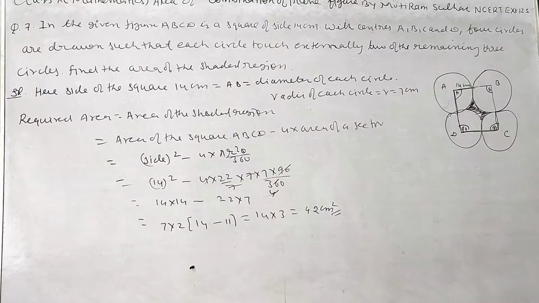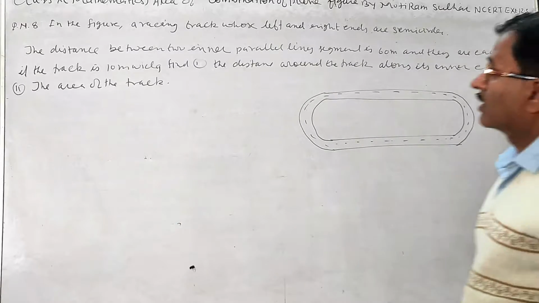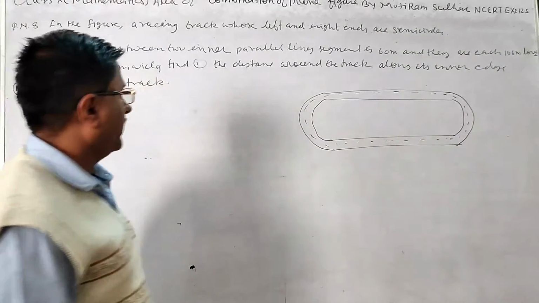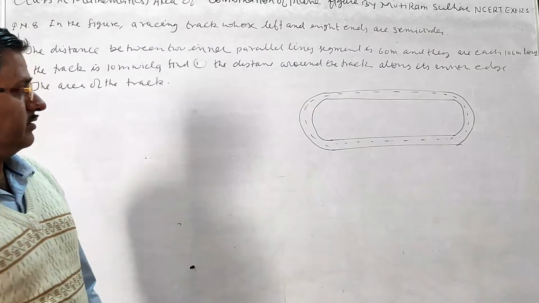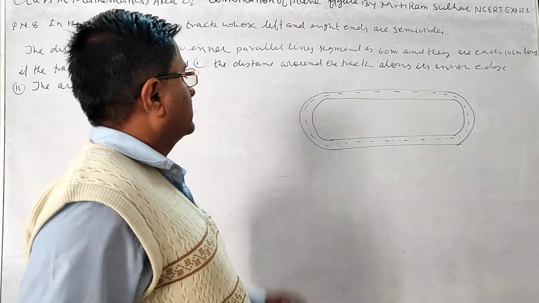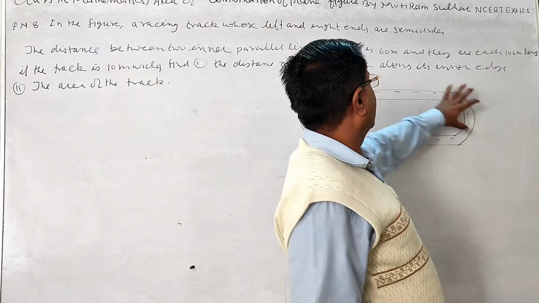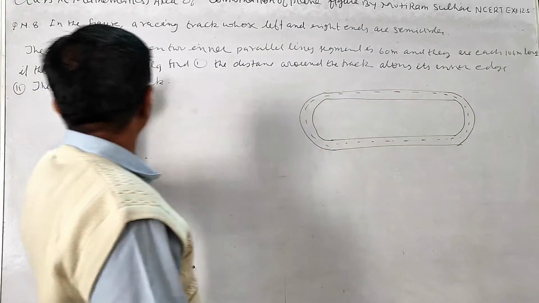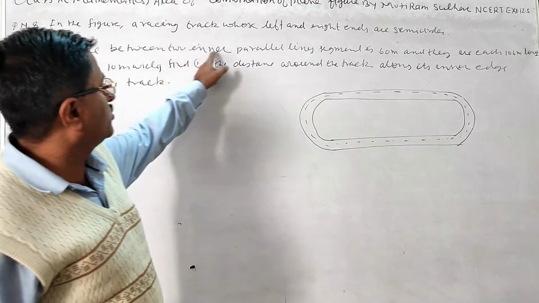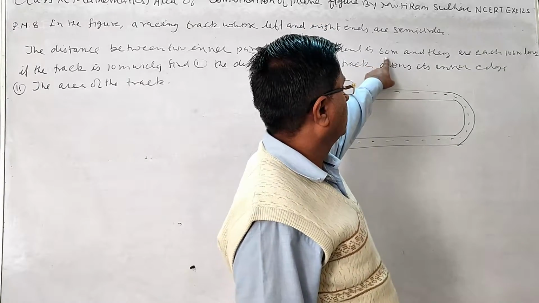Next we see question number 8. We are given a racing track as you see in the figure, whose left and right ends are semicircles. These two ends, left and right, are semicircles. The distance between the two inner parallel line segments is 60 meter.